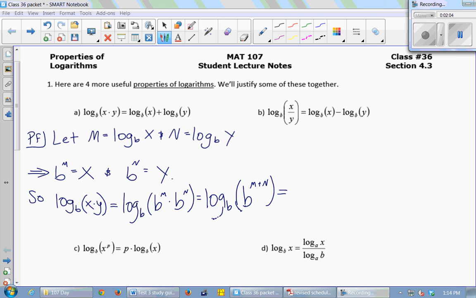All right, what is that? Log base b of b to the m plus n, what does that equal? Yeah, so it would have to be m plus n.